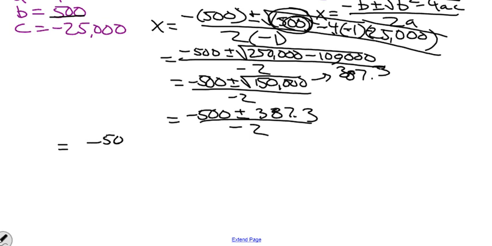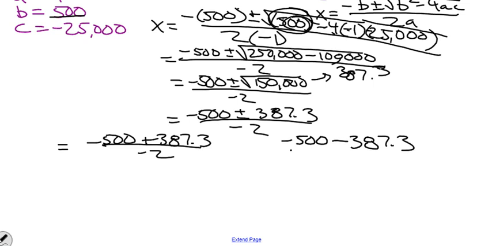We're going to have negative 500 plus 387.3 over -2, and then we're going to have negative 500 minus 387.3 over -2. And so looking at this, I can see that these are both going to give me positive numbers, right?